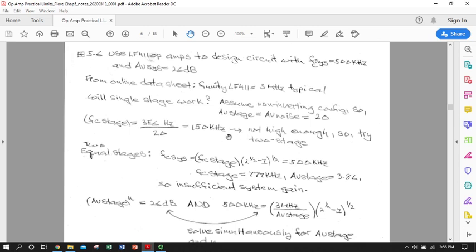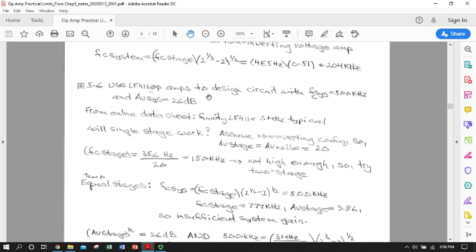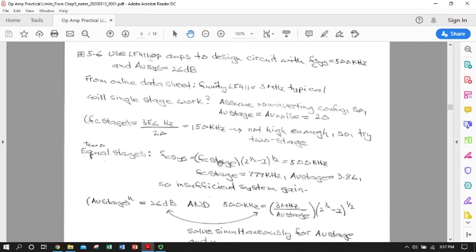So we're going to have to go with at least 2 stages. As an example, what if we did 2 equal stages? We could certainly get the gain we need, but could we also achieve our 500 kilohertz? If the 2 stages are equal and we need a total voltage ratio of 20 for 26 dB, we'd take the square root of 20 as the AV per stage, the AV noise, so we could calculate FC stage.